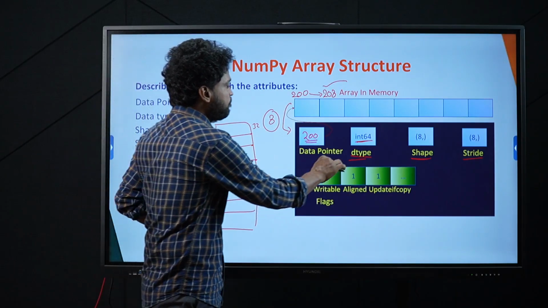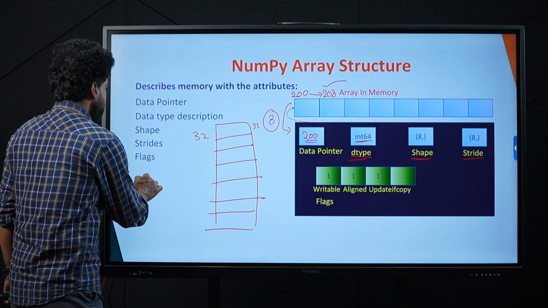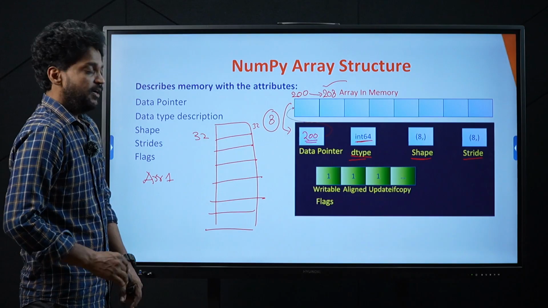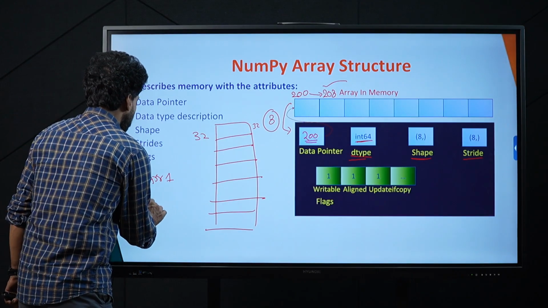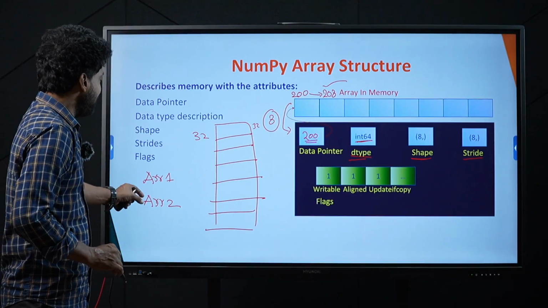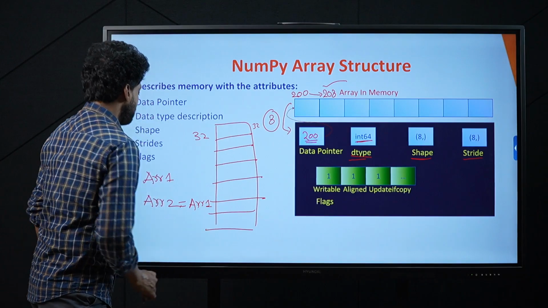The third one is update if copy. What is update if copy? For example, I just have created ARR1. And the second thing is I just have created ARR2. Now, when I say ARR2 is equal to ARR1, what are you going to expect?